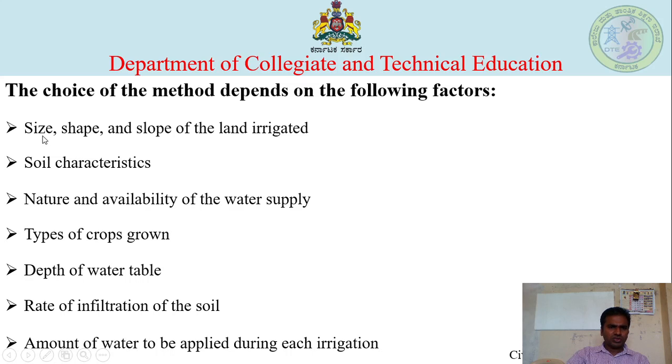First is the size, shape and slope of the land irrigated. Second is soil characteristics. Next, nature and availability of water supply, type of crops grown, depth of water table, rate of infiltration of the soil, and amount of water to be applied during each irrigation.